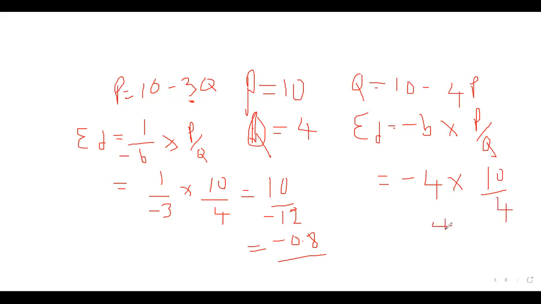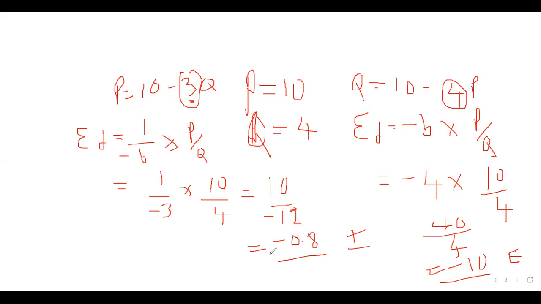So here we're going to get 40 over 4, which is negative 10. Here demand is elastic. Here demand is inelastic. So to answer your question, your B is simply the coefficient of the slope. Is that clear? Yes, very clear. All right.